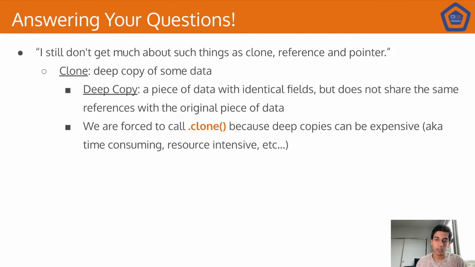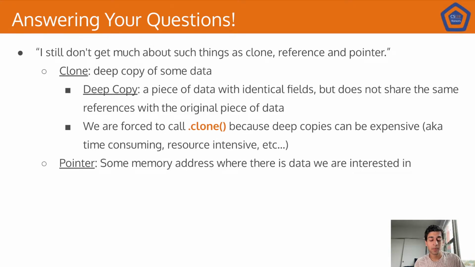You can copy them over, move it from one register to another. Things like strings, vectors, hash maps, you have to go through every single one of those elements. There could be potentially millions of things to copy. So calling .clone is this explicit call, and you're telling Rust, hey, I know this can be time-consuming, but I want to do it anyways. So you get what you ask for.